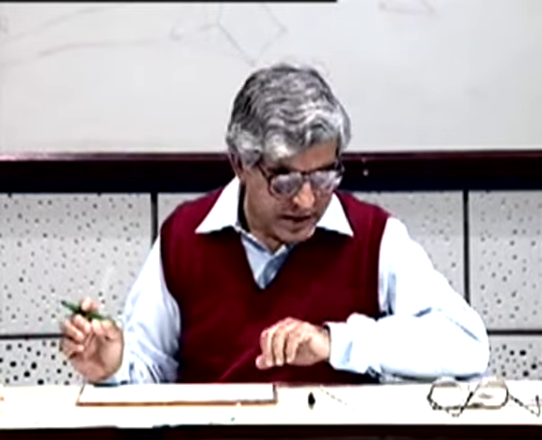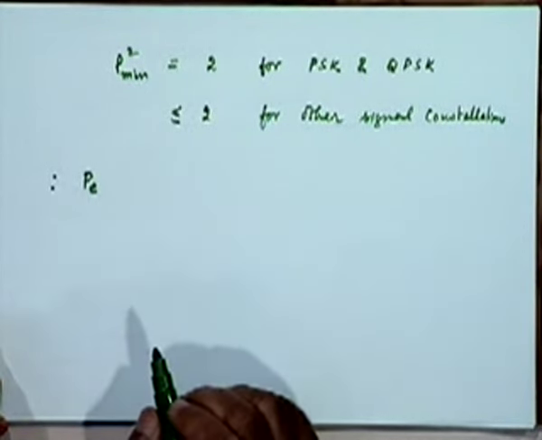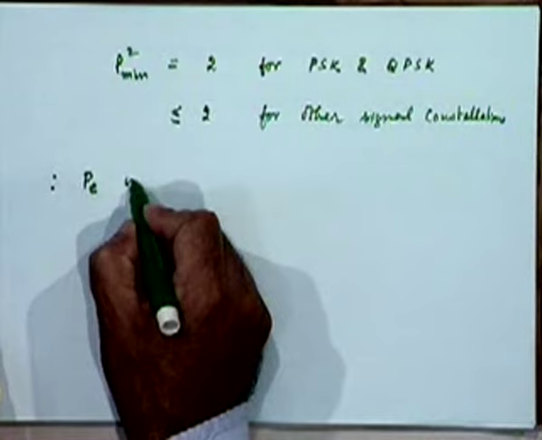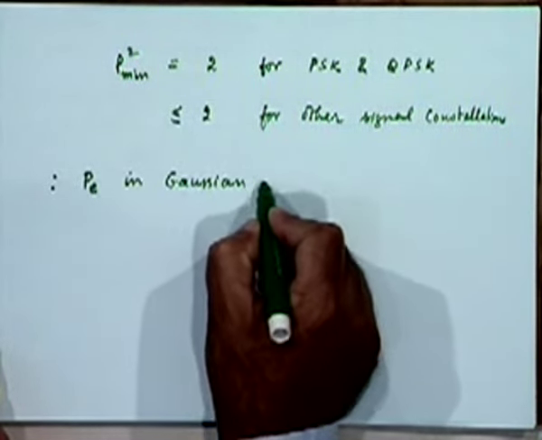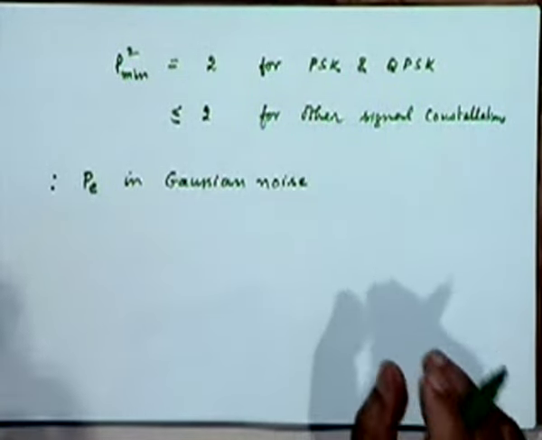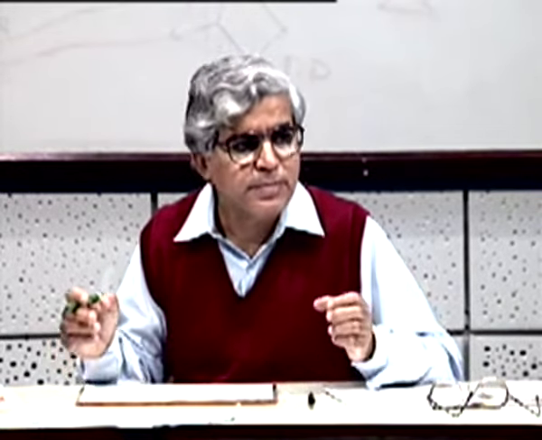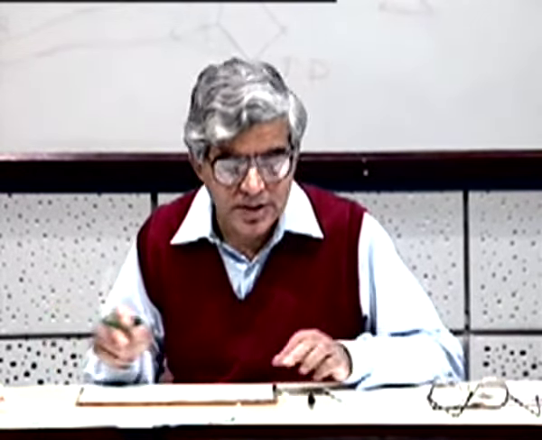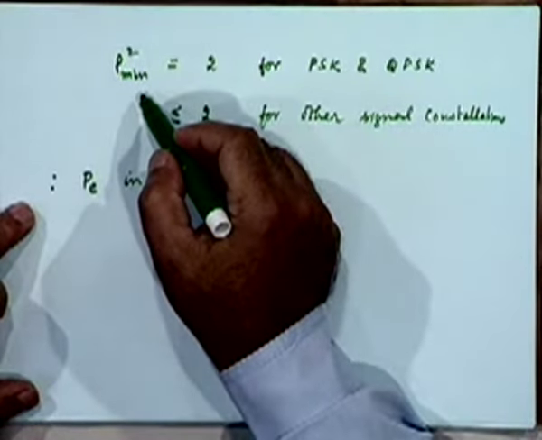Now, it turns out that if you look at the P sub E, the error probability in a Gaussian noise situation, then it depends on the signal constellation design. Specifically, it depends on the signal constellation structure essentially through this parameter.